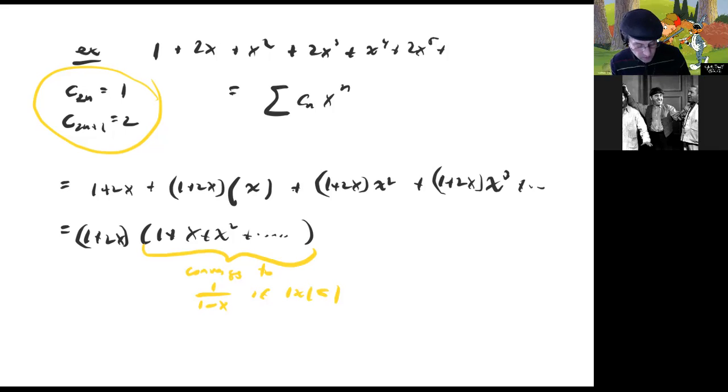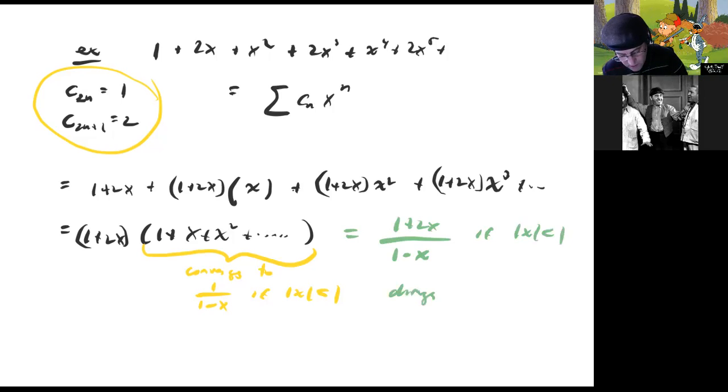So the radius of convergence is 1, and the expression that you get is equal to 1 plus 2x over 1 minus x. You multiply the numbers together if the absolute value of x is less than 1, and it diverges otherwise. So that's all for today. That's all for power series for the moment.